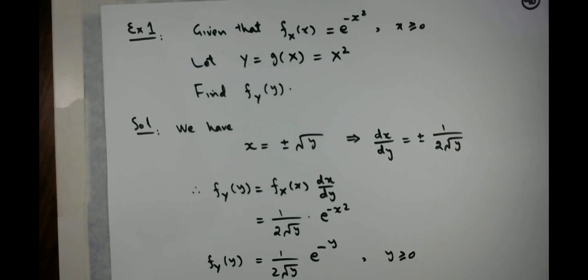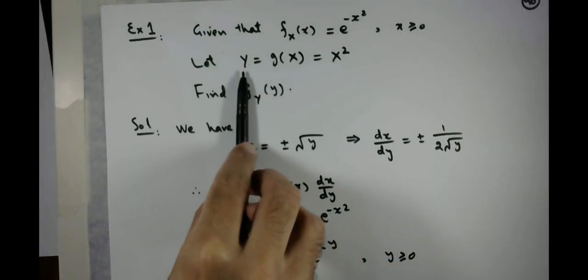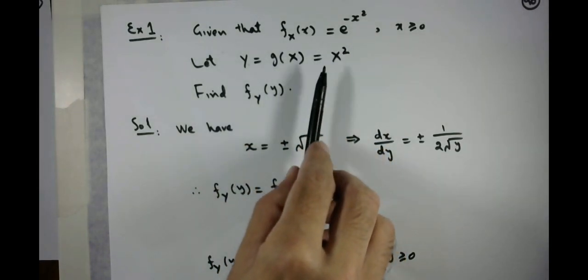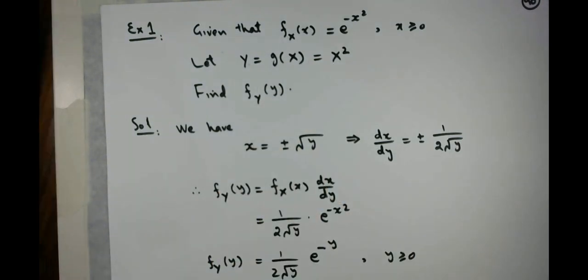So you see how easily and quickly we have been able to transform one variable into another variable, or find the PDF of the target random variable if we know the PDF of the source random variable and the functional form between the source and the target random variable.